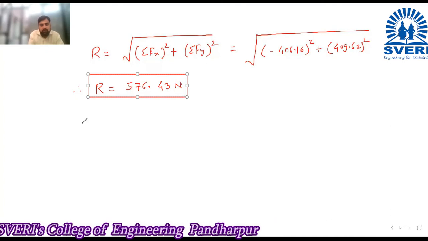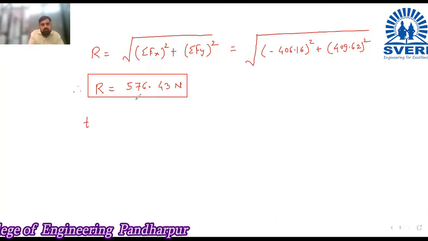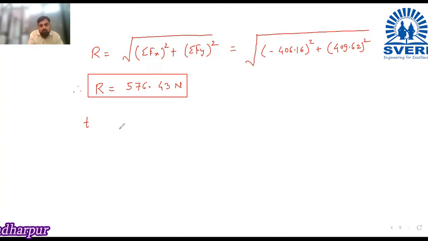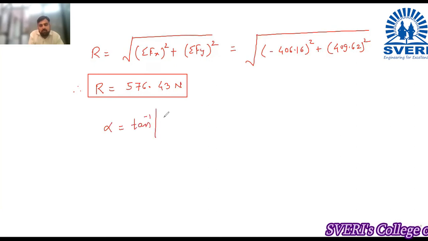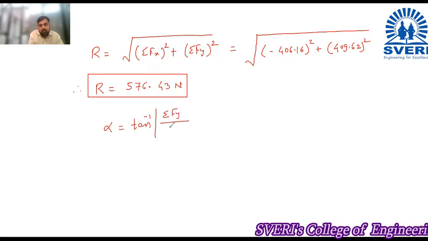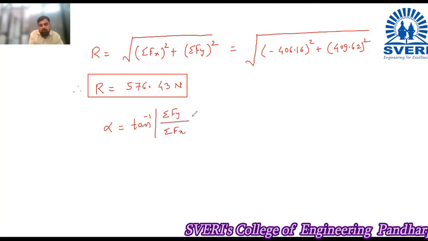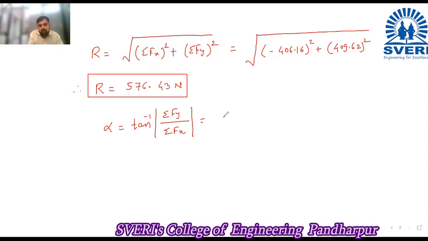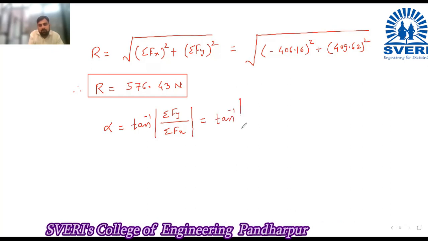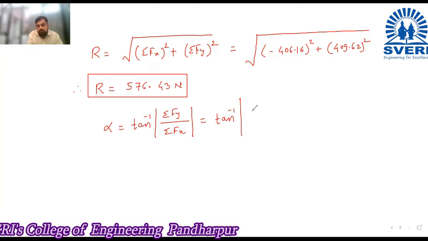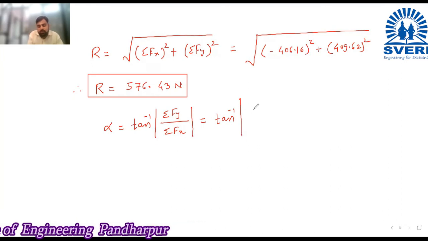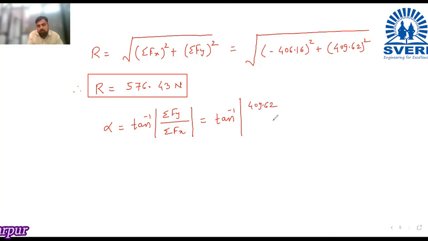And now you can find out the alpha. So alpha is equal to, I will write the formula directly now. Now you know the formula very well. So alpha is equal to tan inverse in mod summation Fy divided by summation Fx, which is equal to tan inverse of 409.62 divided by 406.16.